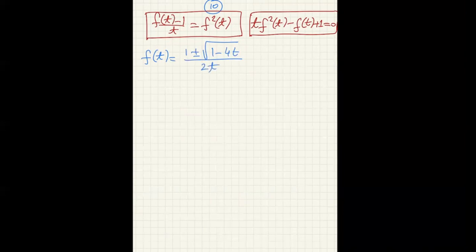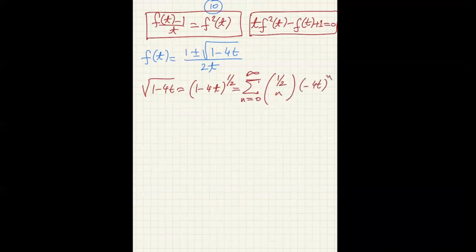And now, how do we deal with the square root and all that? Well, again, from the binomial formula, we have that square root of 1 minus 4t is the same thing as 1 minus 4t to the power 1/2. And this can be expanded as an infinite sum for n from 0 to infinity of 1/2 choose n times minus 4t to the power n.